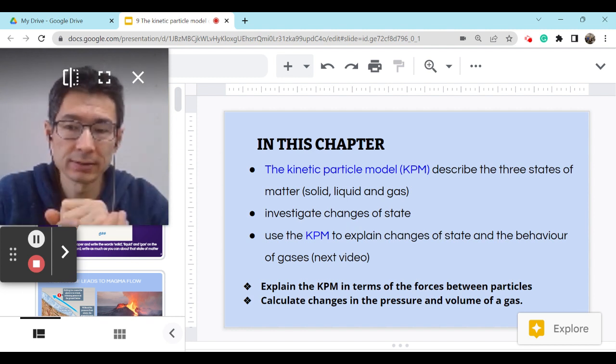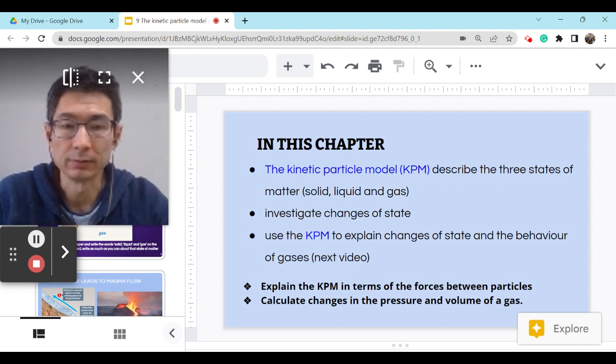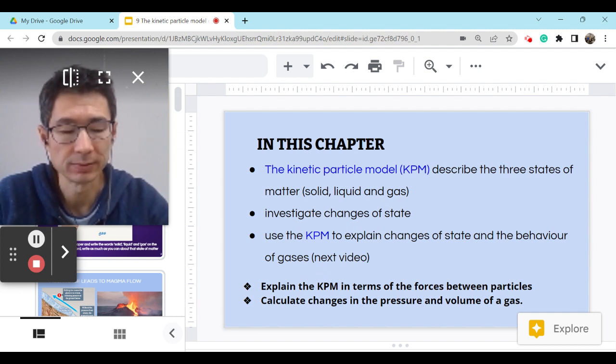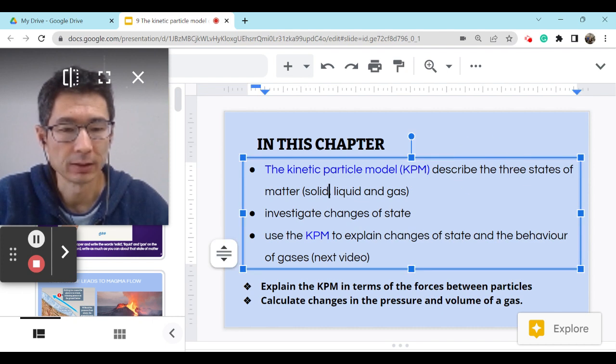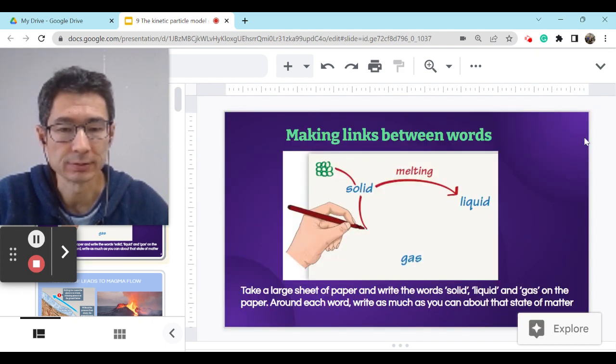We breathe gas. We use steam to generate electricity. Steam is a form of gas. So it's important how gases behave, and we use this model to explain the behavior. Right. So next slide.